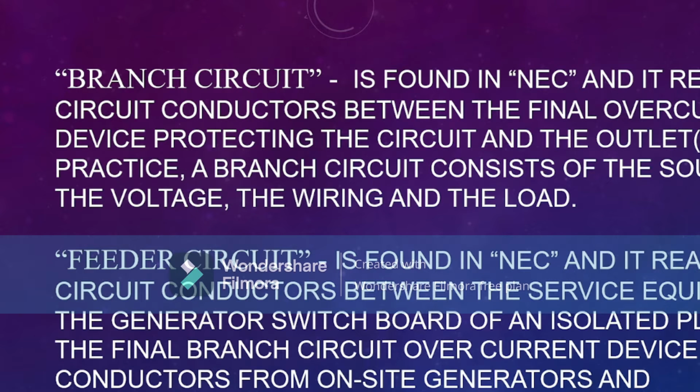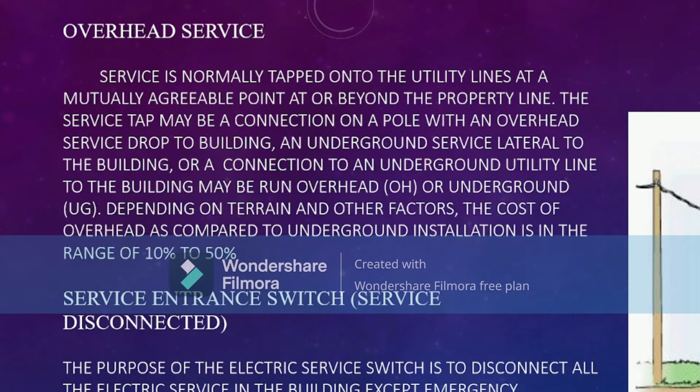Service conductors extend from the utility source to the service disconnecting means. And also we have overhead service. This service is normally tapped onto the utility lines at a mutually agreeable point at or beyond the property line.